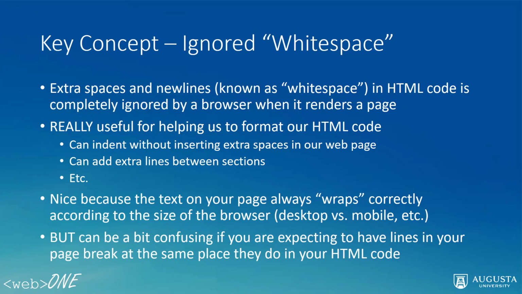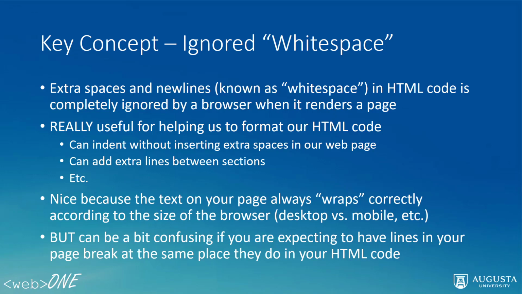It allows a developer to organize their code as they want. For example, because of this feature, you can indent your code without inserting extra spaces in your web page. Or you can add extra lines between different sections without being worried about a change in the presentation.